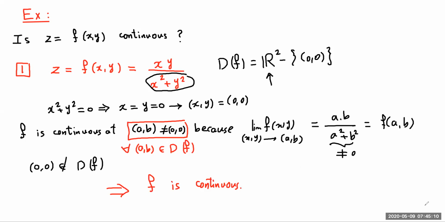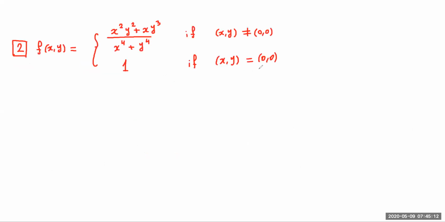Okay. Second exercise, the function f(x, y) equals (x squared y squared plus x y cubed) over (x to the power 4 plus y to the power 4) for (x, y) different from (0, 0), and f(0, 0) equals 1.